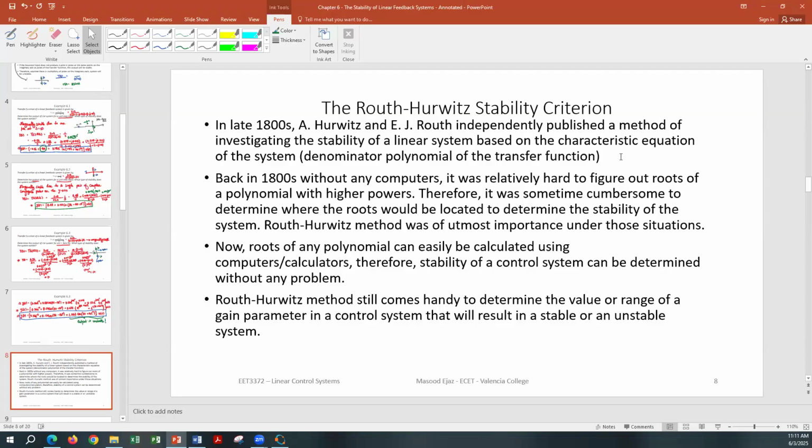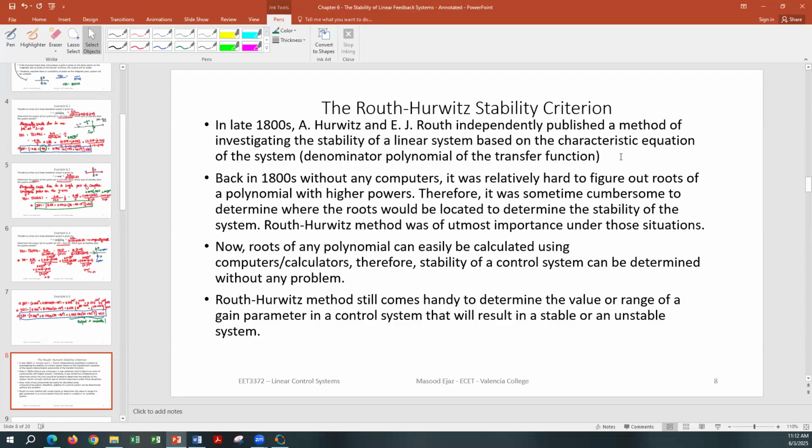The point now for using this method is, in general, that if you are creating a control system and you have a controller gain or something, and you're trying to figure out, hey, what is the range of the controller gain for which my system will be stable? Under those conditions, where you're trying to figure out an unknown value, you can use this method to find that the value of gain can range from 1 to 10, and if it goes beyond 10, the system is going to become unstable.